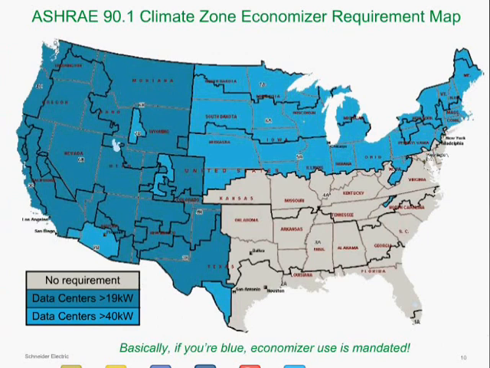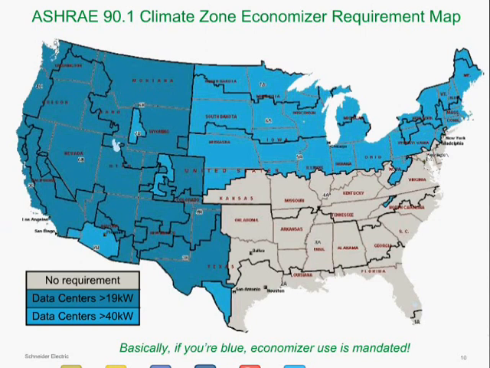So when you look at how this applies to you, if I haven't been using economizers in my facility thus far, what does that mean? Well, if you look at this slide, this is a simplified version of the ASHRAE 90.1 climate zones, which shows which geographies will have mandates, and do have mandates in place, for the use of economizers.